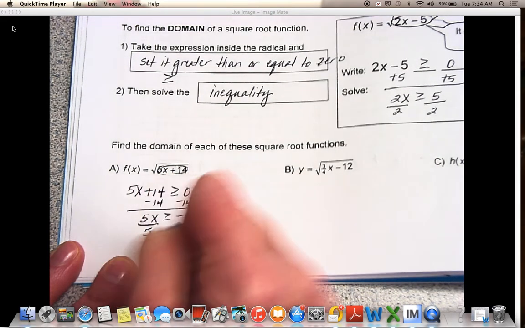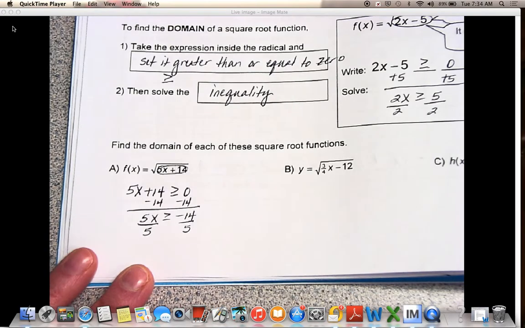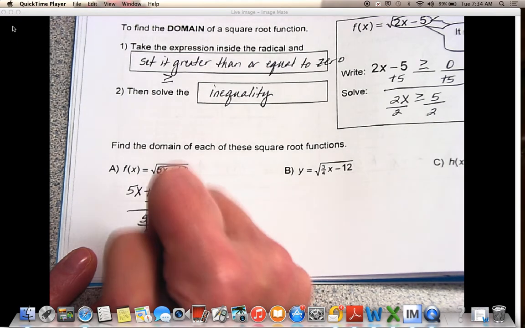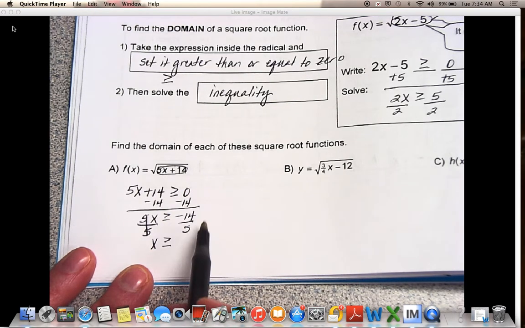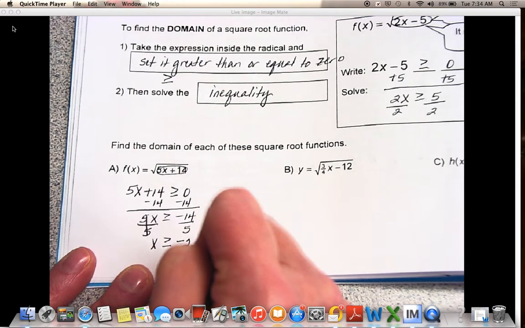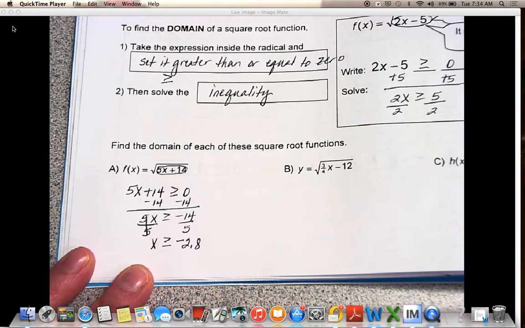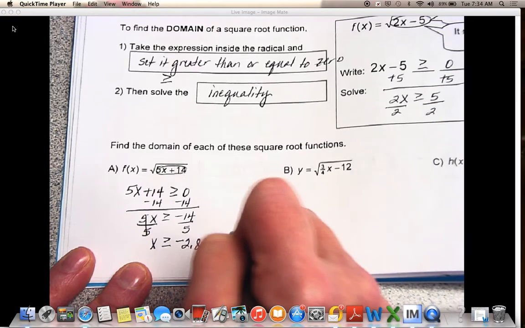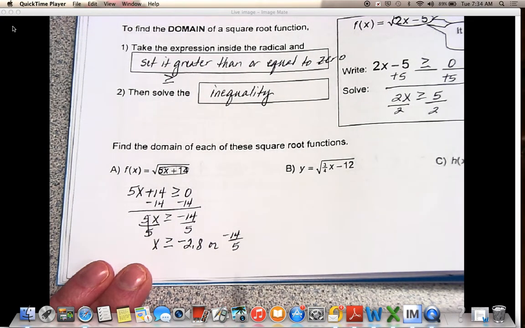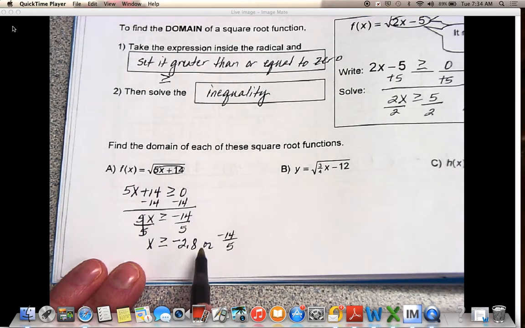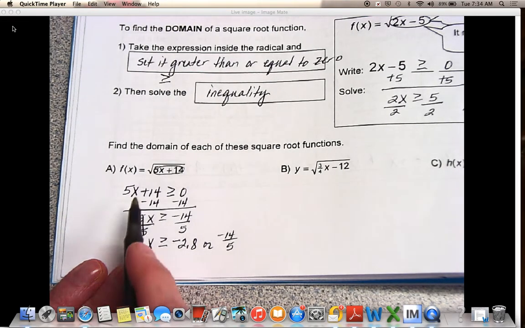Then I'm going to divide by 5 because they're multiplying by 5. So to undo that, I divide. And I'm going to get x greater than or equal to negative 14 divided by 5, which comes out as negative 2.8. Or you could leave it as negative 14 over 5, since that is a reduced fraction. But this would be our domain for part A.